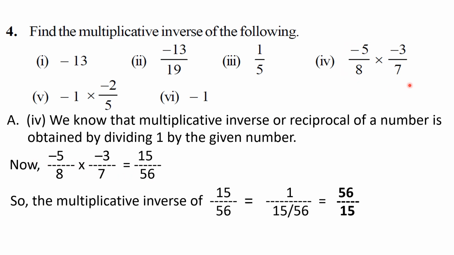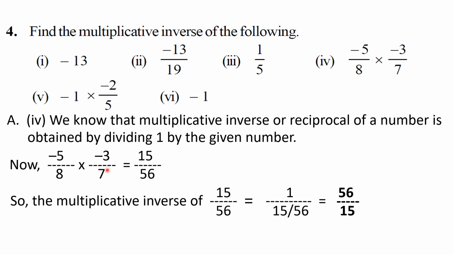we have to find the multiplicative inverse of these two fractions which are being multiplied. So what we have to do is, first we have to find the product. So minus 5 upon 8 into minus 3 upon 7. So minus into minus is plus, 5 3s are 15, 8 7s are 56. So the product of these two fractions is 15 upon 56.